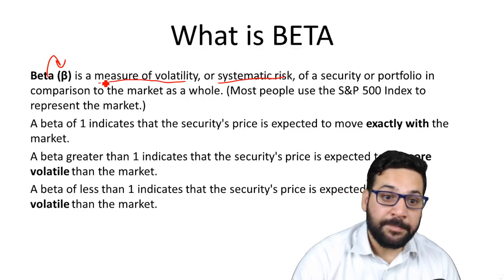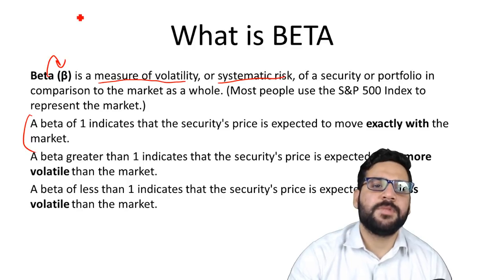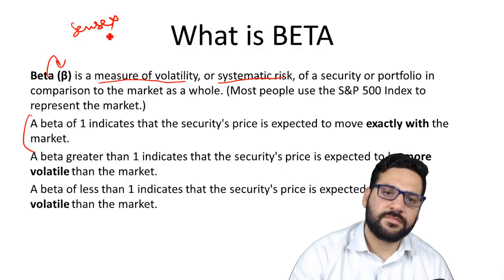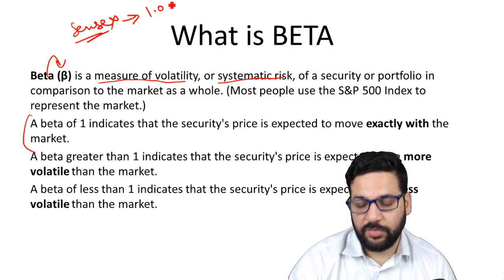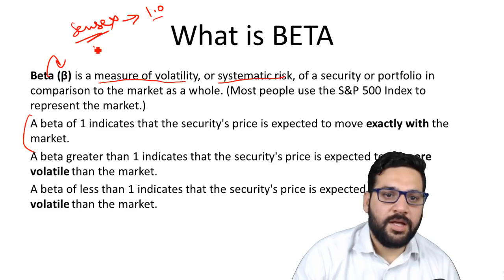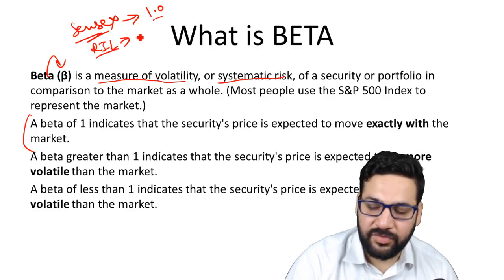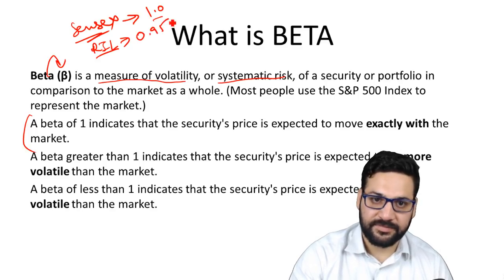Let's say we are talking about Sensex. What is the beta of Sensex? It's 1. There should be some benchmark, 1. And let's say the volatility of Reliance Industries stock is less than the Sensex, let's say it's 0.95.